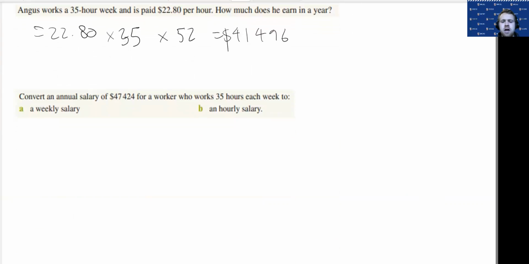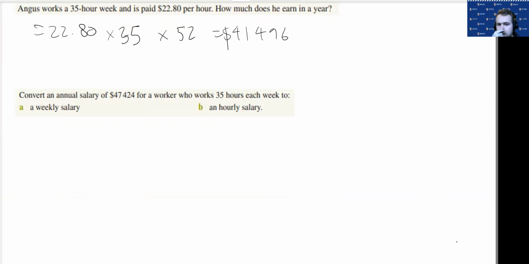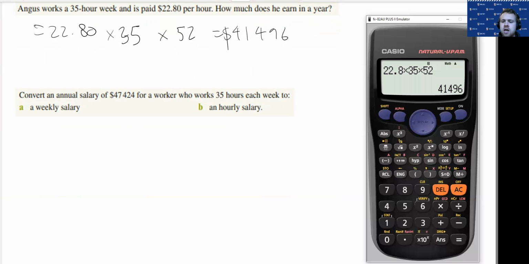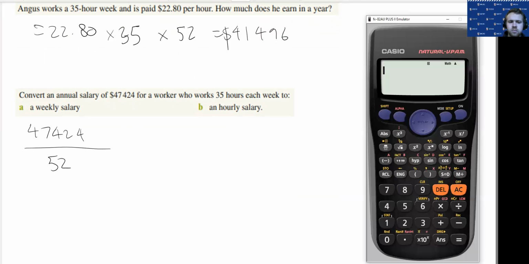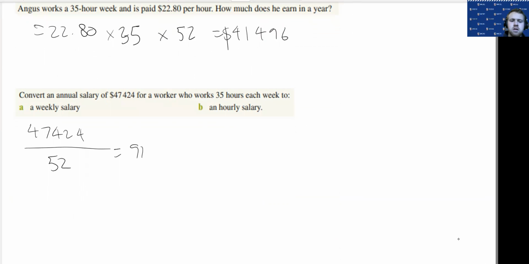Alrighty, last question. We need to convert an annual salary into a weekly salary and then an hourly salary, or basically how much they earn per hour. In this case, we're just dividing. So 47,424 divided by 52 gives us the weekly salary, which equals a clean $912 per week.